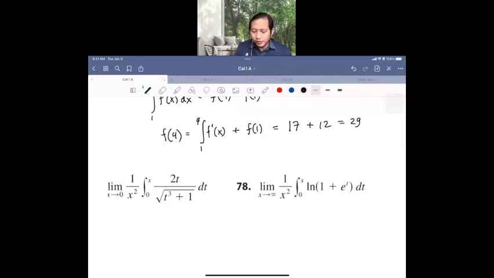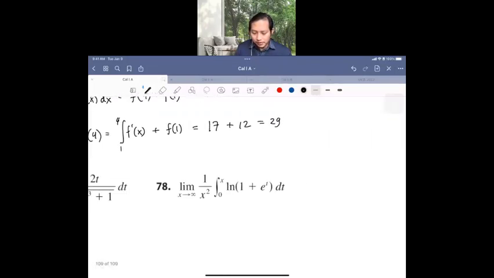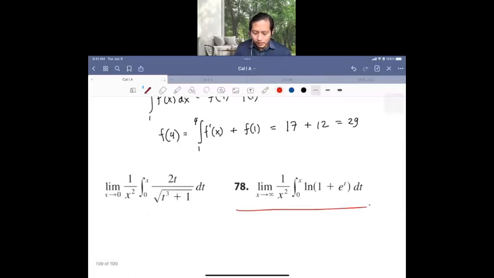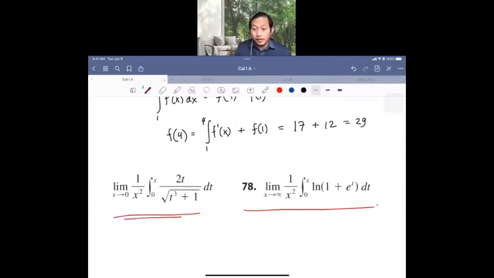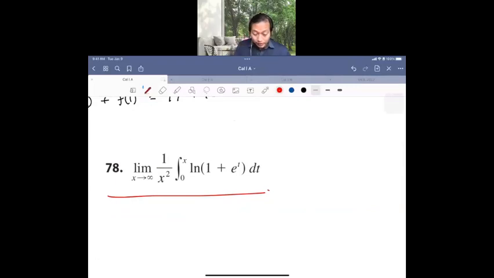I'll be showing you just the first step. So maybe just this limit here. You can try the other one on your own. Now the right one here, we have the limit of the integration from 0 to x of ln(1 plus e to the t), over x squared.